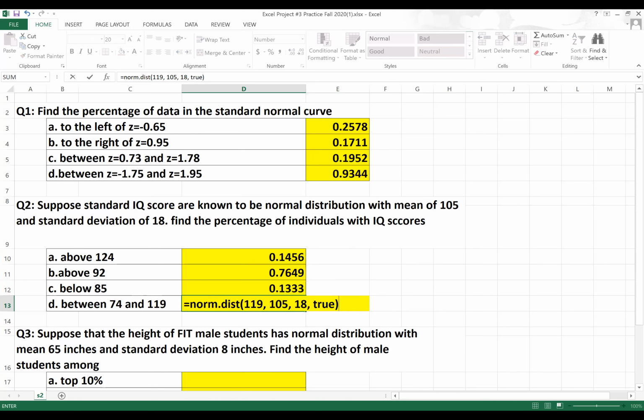Accumulate everything to the left. And minus NORM.DIST, the smaller IQ score 74, and 105, comma 18, comma true. Okay. I'll give you 1 minute to complete this.